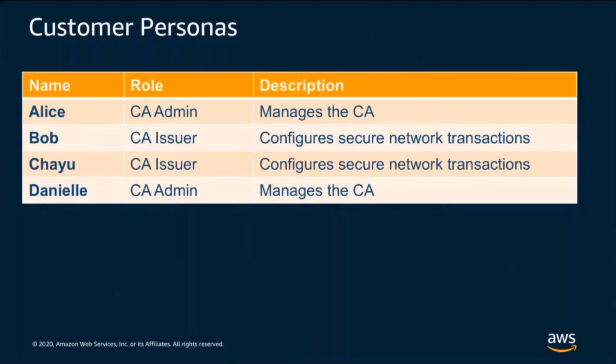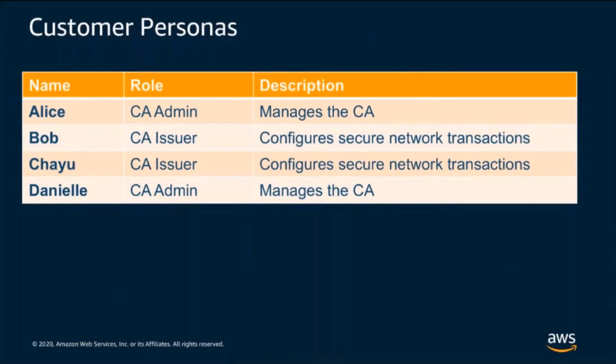Next, we have Bob. Bob wants to create certificates so that Bob can enable TLS. He's responsible for configuring secure network transactions. Bob's in a totally separate account than Alice, so Bob's going to need Alice to share the CA with him. Shayu is also a CA issuer.